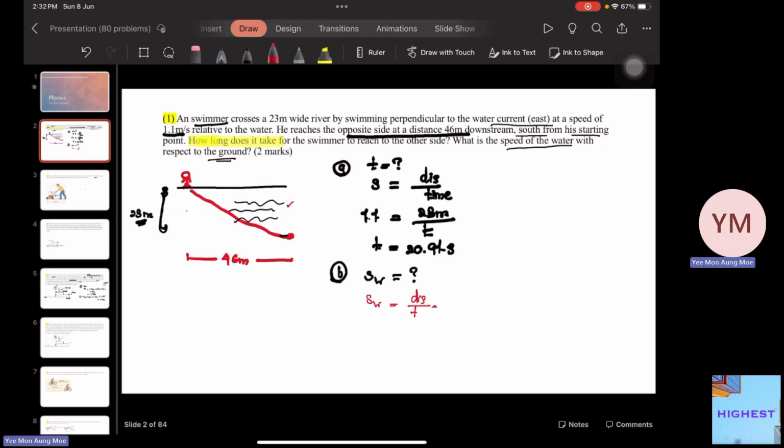This time, the distance is with respect to the ground, so the distance is 46 meters, and the time is the same, since the duration is the same, 20.91 seconds. So 46 divided by 20.91 is 2.199 meters per second. Okay, this is the first question.